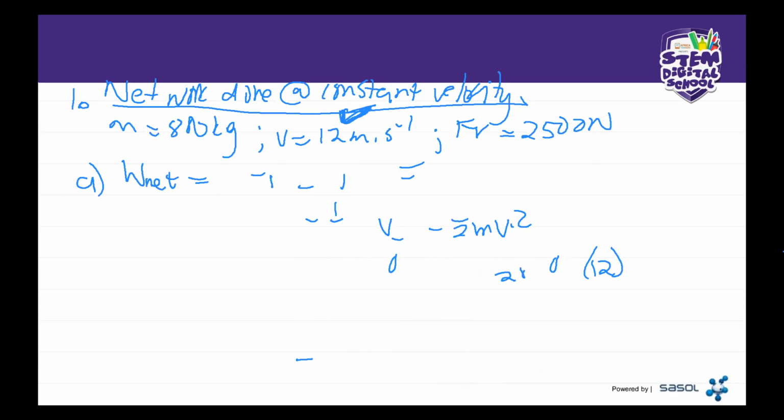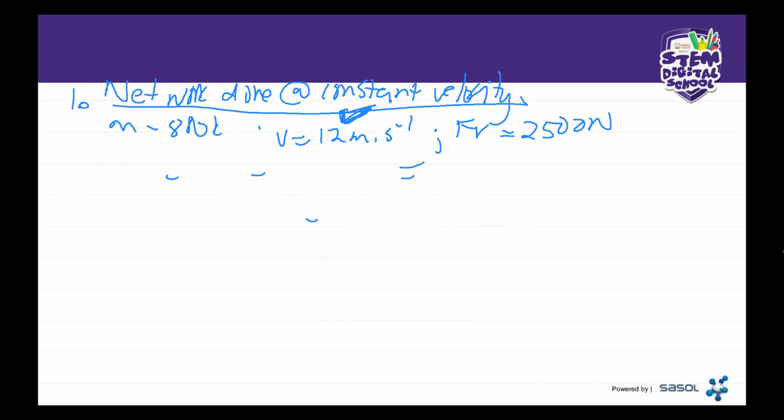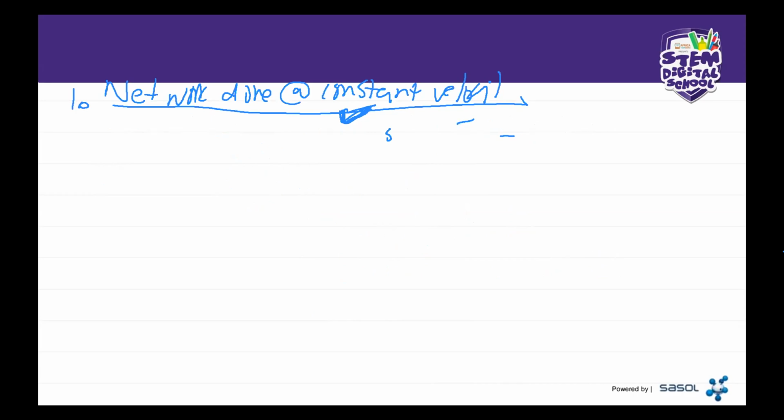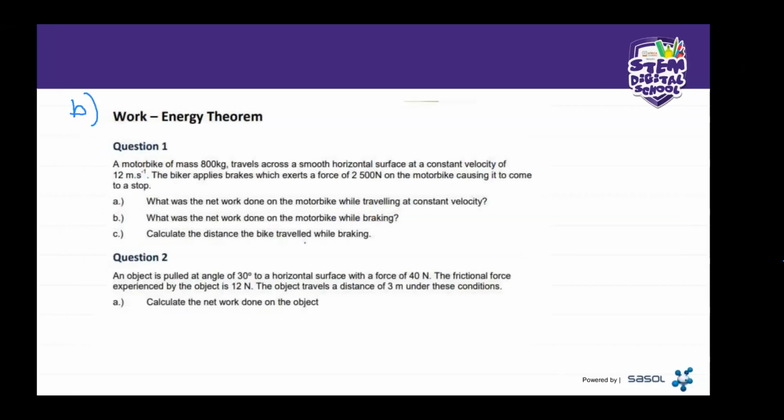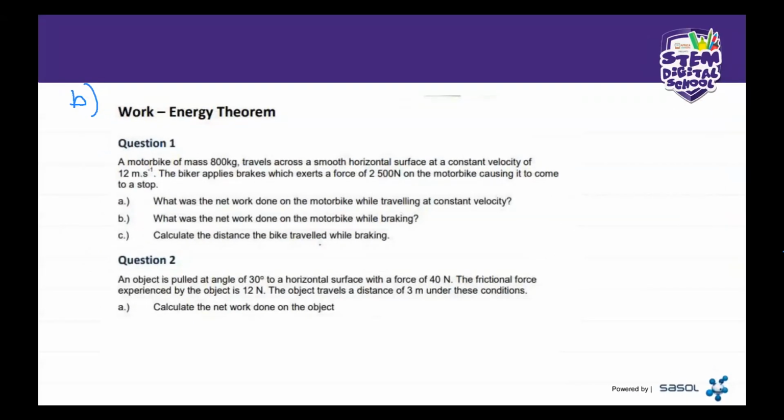So now we're moving on to the second part. The second part is number B. Let's go back and see what number B says. It says, what was the net work done on the motorbike while braking?